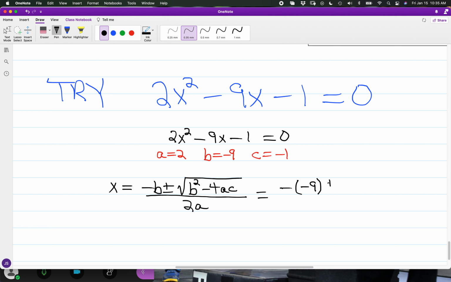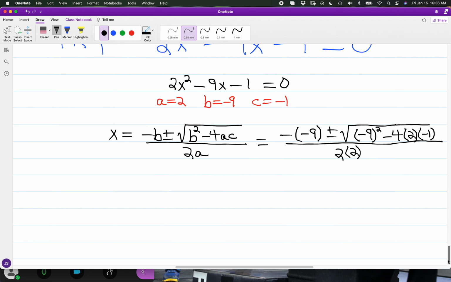And we have plus or minus the square root. So b squared, we have the square of negative 9. And for minus 4ac, we have minus 4 times 2 times negative 1. And we have all over 2a, so this will be 2 times 2.